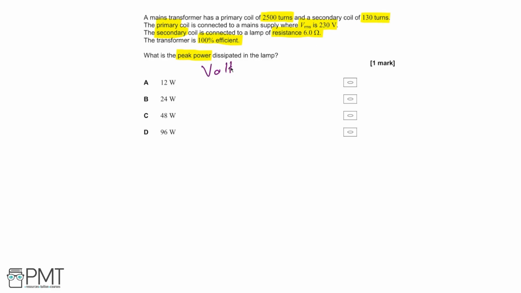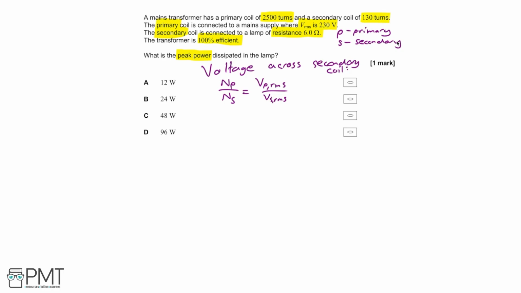So first, the voltage across the secondary coil is given by the equation N_P divided by N_S is equal to V_P RMS divided by V_S RMS, where N is a number of turns and V is a potential difference across one of the coils, and the P represents the primary coil and S represents the secondary coil.